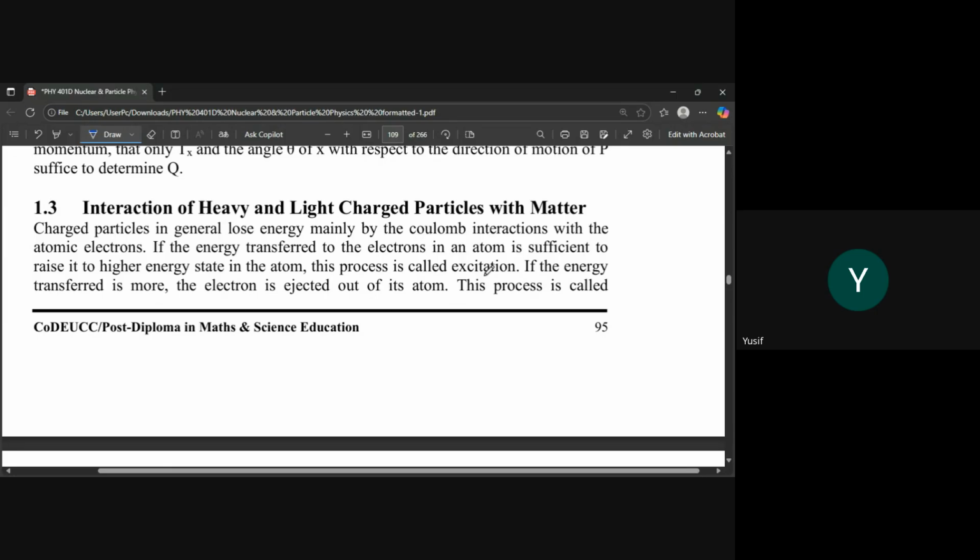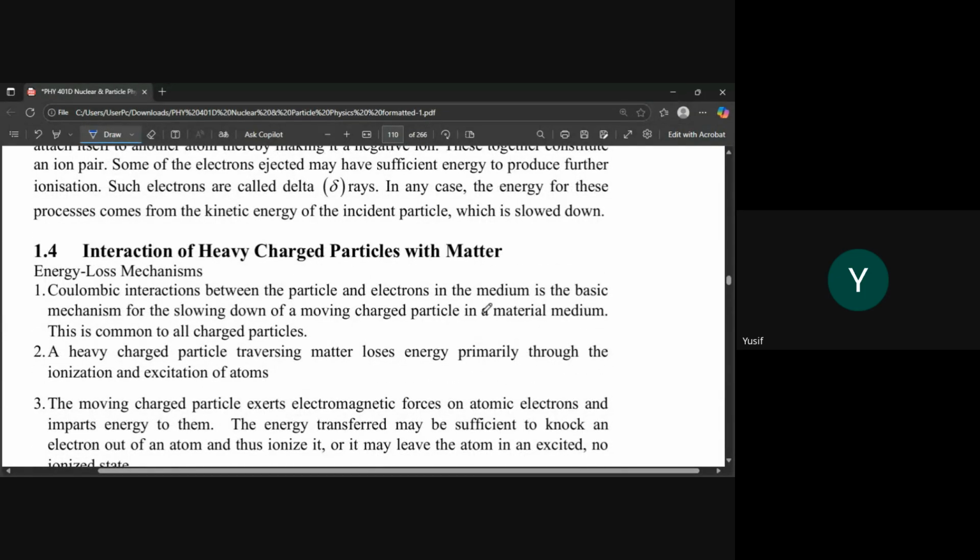But when we are talking about no charges, then we are talking about nuclear fusion and nuclear fission. That's what the interaction of heavy and light charged particles with matter is concerned about.